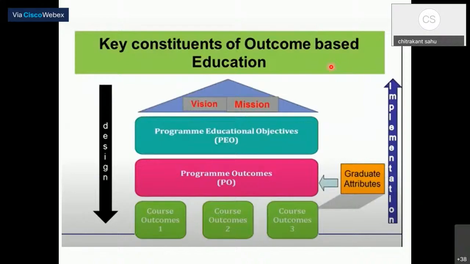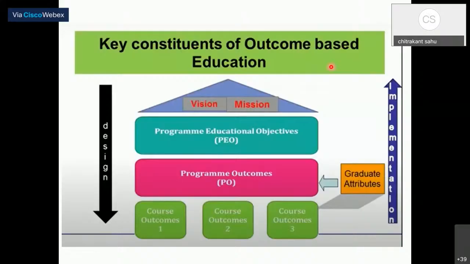We have the first one, called the design phase, and the second is called implementation. The design phase starts from the vision and mission of the institute. What is the vision of the institute and what is the mission of the institute? Vision is a philosophical term: after 20-25 or 30 years, a long-term plan, where we want to see ourselves.